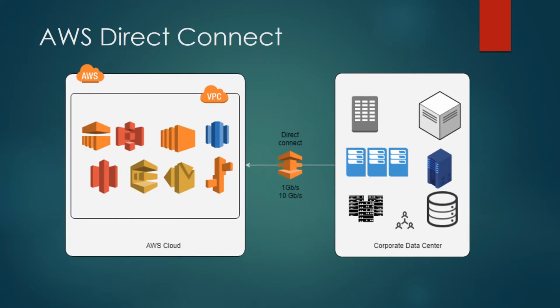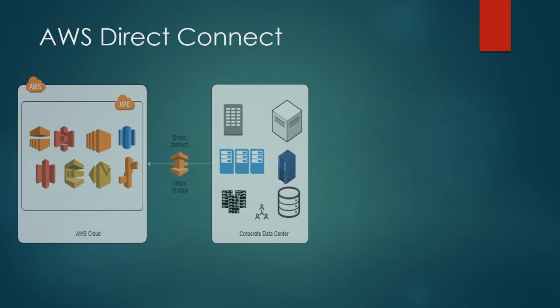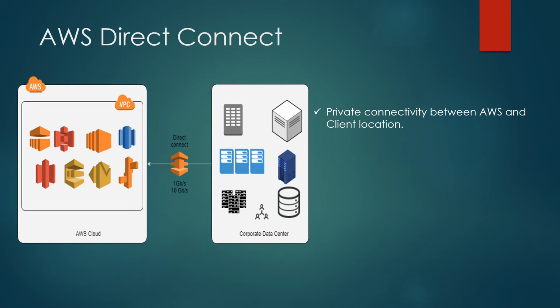As the name suggests, the AWS Direct Connect is a cloud service solution that establishes a private connectivity between AWS and your data center or office. This in many cases can reduce your network costs, increase bandwidth throughput, and provide a more consistent network experience than the regular internet-based connections.